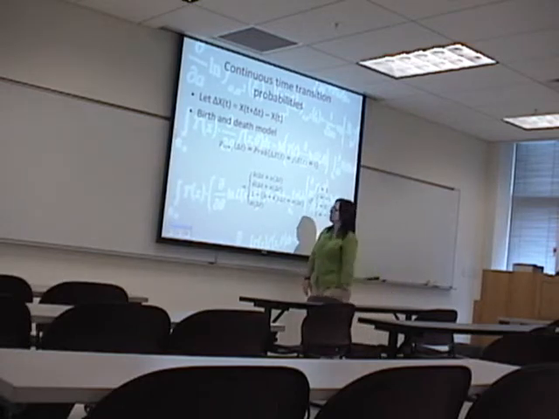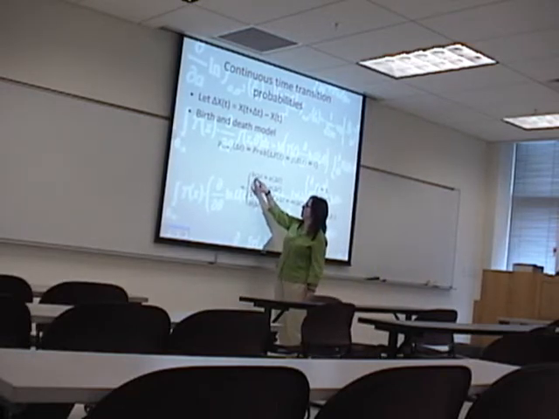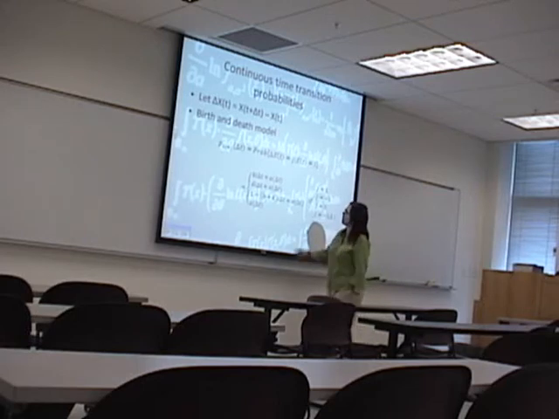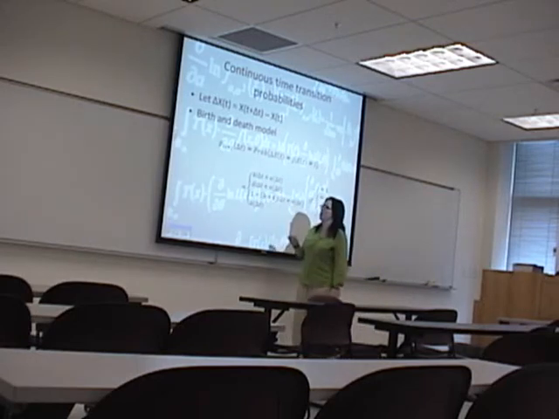So just like before, we have the birth rate, and we're multiplying the population size, and then multiplying times the little amount of time passed.